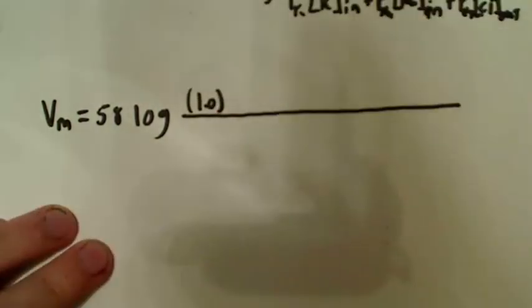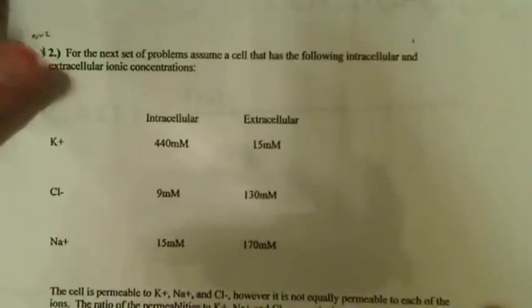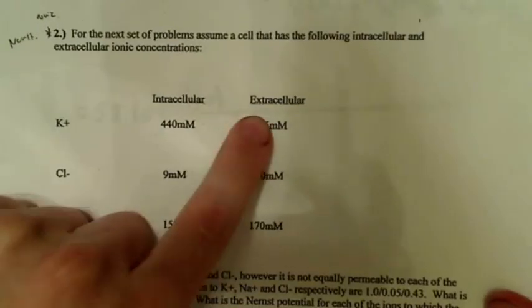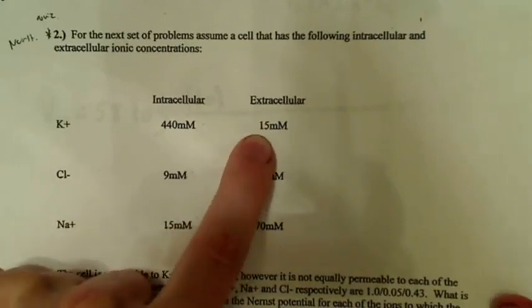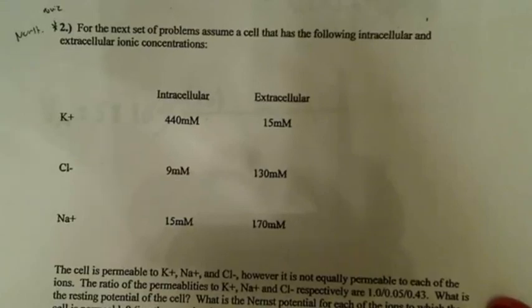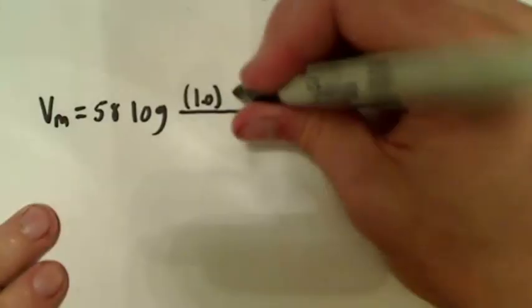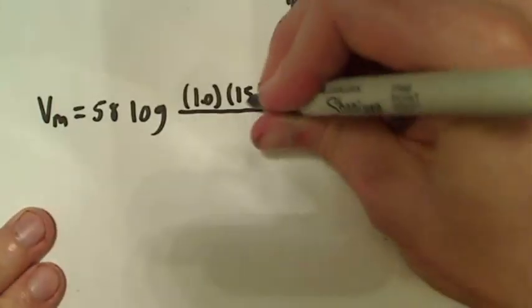And we'll look at the concentration outside. The concentration outside the cell is 15 millimoles, so I'll plug in a 15 here, multiplied by 15.